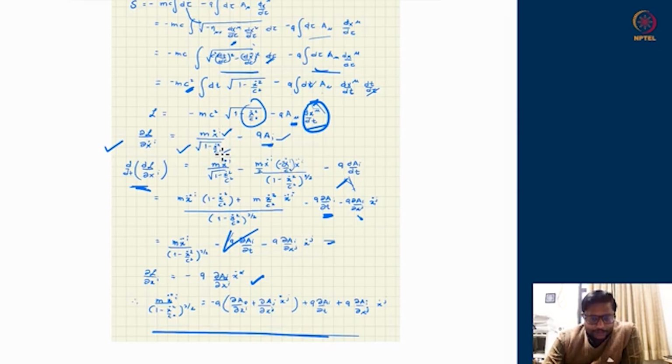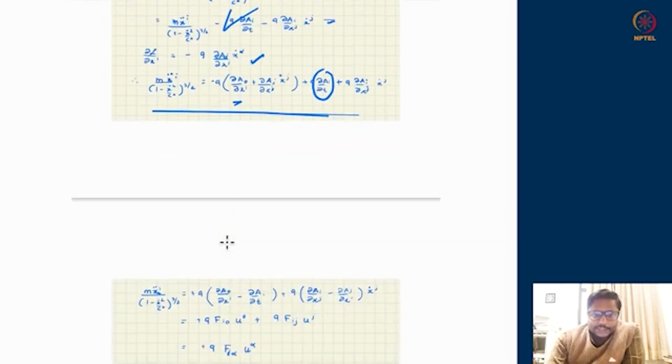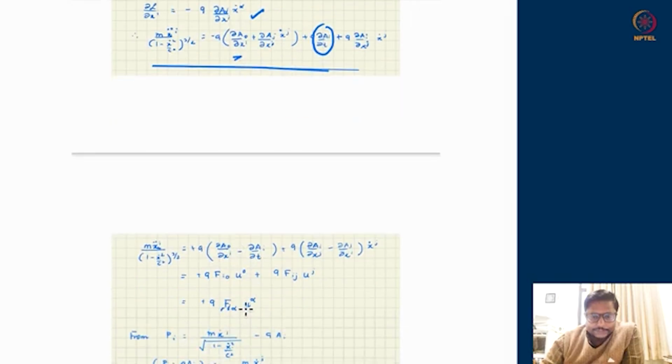You can see I have a del ai upon dt here and del a0 upon del xi over here. These two terms I'm going to combine and write like this. The remaining terms come with xj dot: here I have an xj dot and the last term has an xj dot. These two terms I also combine and I get these two terms.